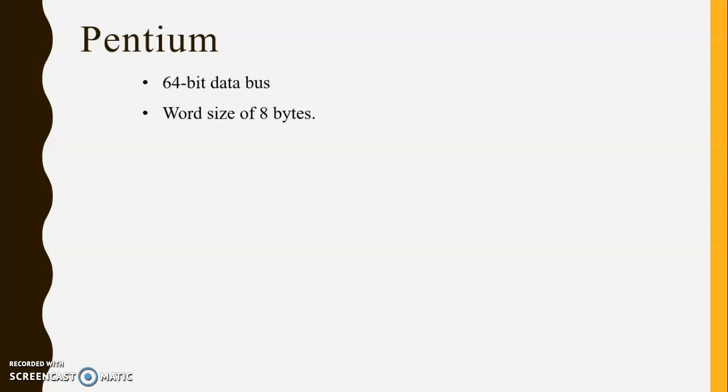So 64-bit is nothing but 8 bytes. So word size here becomes 8 bytes. We have seen earlier that it has 32-bit address bus, hence making its total addressable memory equals to 2 raised to 32. As we have seen earlier, 2 raised to 30 stands for 1 gigabyte and 2 raised to 2 stands for 4, making the total addressable memory equals to 4 gigabyte.